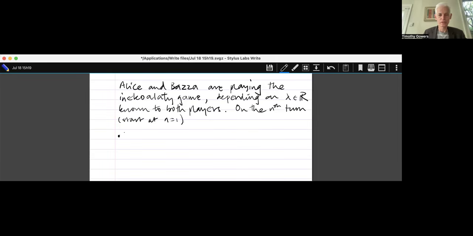If n is odd, then Alice chooses a non-negative real number x_n, and the property it must have is that x_1 plus x_2 up to x_n is less than or equal to lambda n.